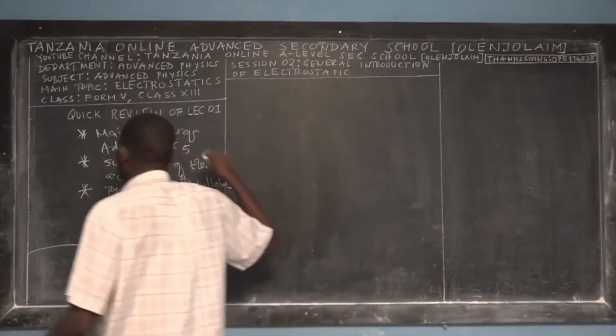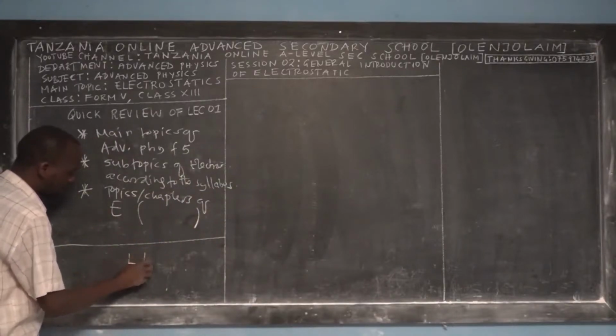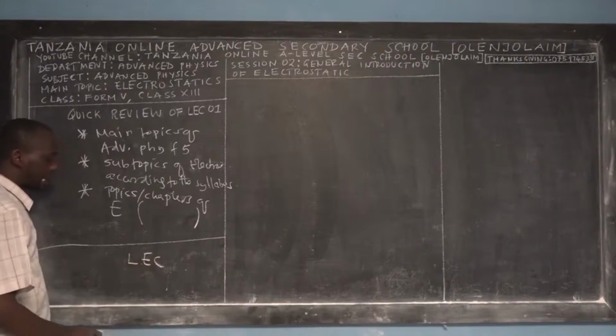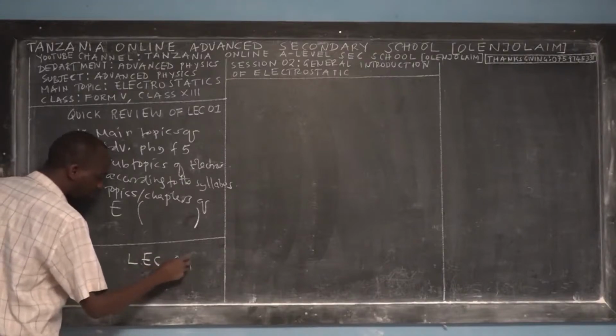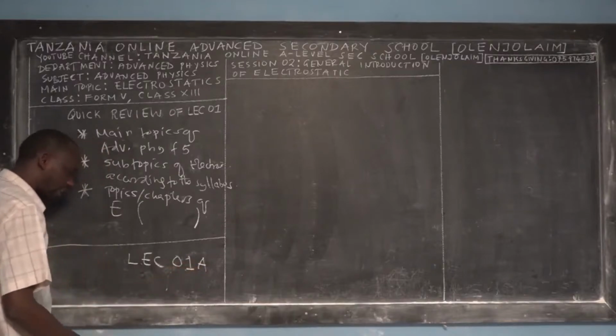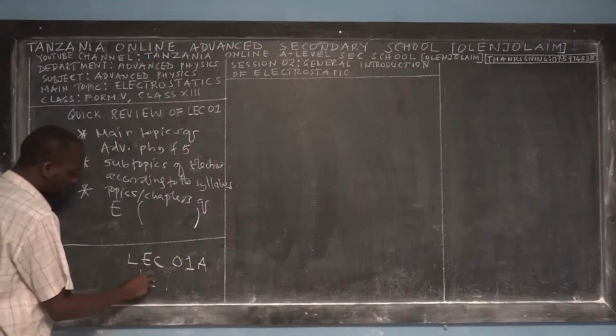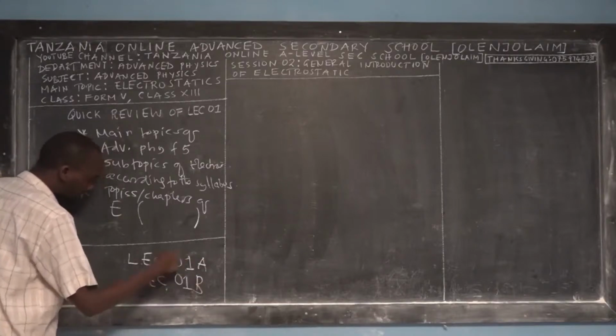Another thing I want to insist on: sometimes we record a long lecture of more than an hour, so we break it in this way. For example, if lecture 1 is more than an hour, we have lecture 1A, and then the next one we call lecture 1B. So be familiar with learning in sequential order.